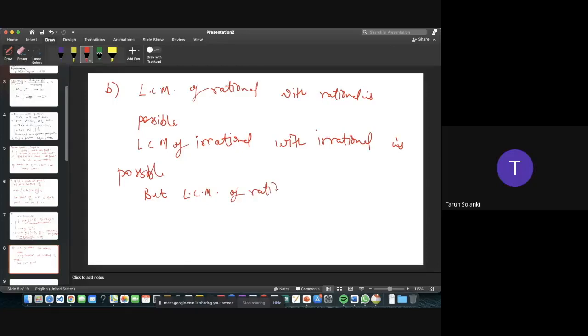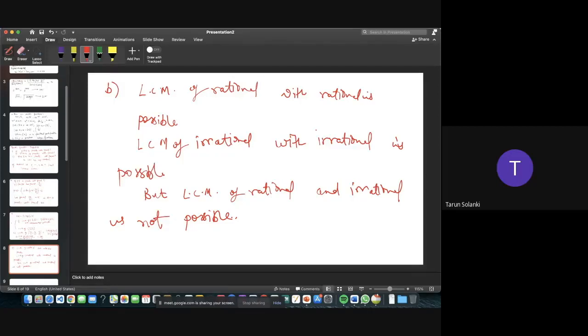But the LCM of rational and irrational is not possible in this case.